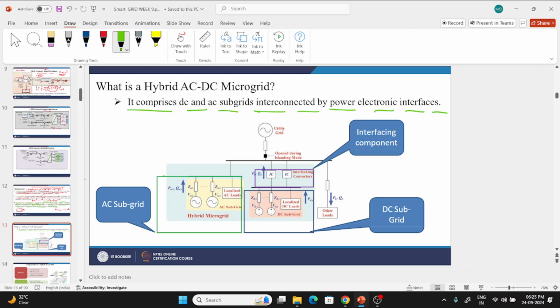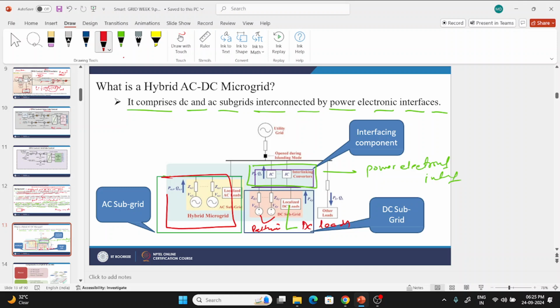These are the power electronics interface. These are DC loads, and this is an AC microgrid where AC loads or synchronous generators are there. These are some batteries also.